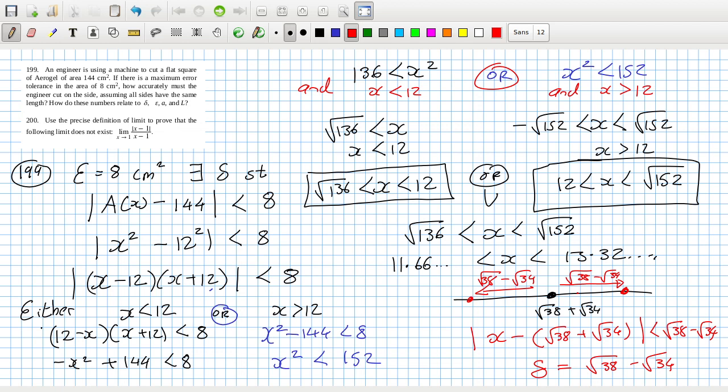Yeah, actually, you know what? I'm really going to take a chance with saying that it's root 38 plus root 34, which is nearly 12, but a tiny bit under.